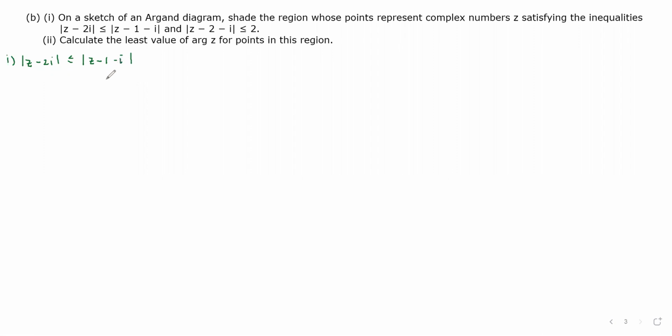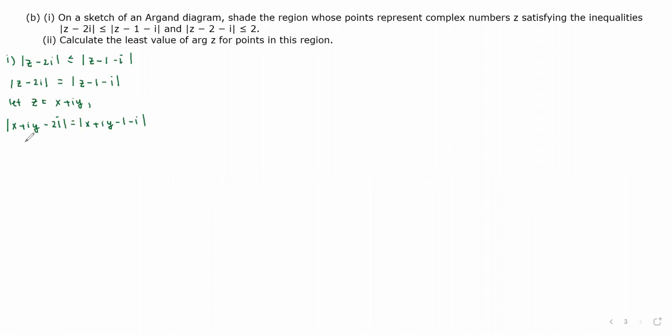In order to find the perpendicular bisector, we set the modulus of z minus 2i equals the modulus of z minus 1 minus i. Letting z equals x plus iy, we have the modulus of x plus iy minus 2i equals the modulus of x plus iy minus 1 minus i.